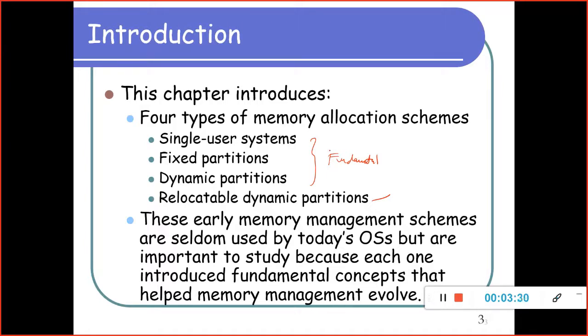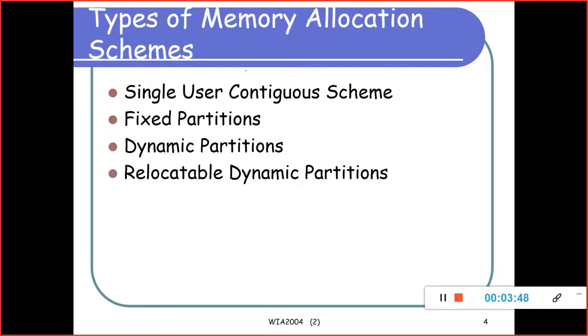You must know how these early memory management systems function, so that you can learn the advanced ways of memory management in newer OS. The types of memory allocation scheme are single user contiguous schemes, fixed partition, dynamic partition, and relocatable dynamic.